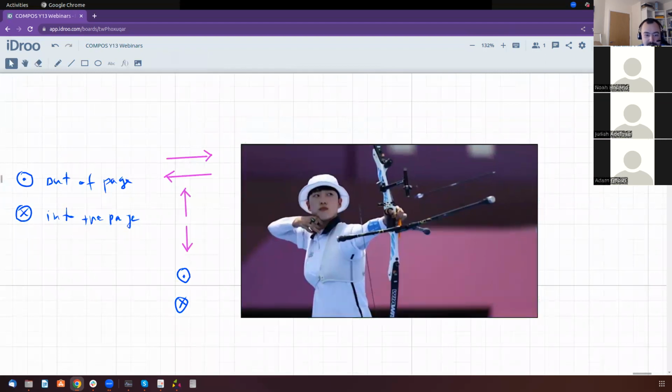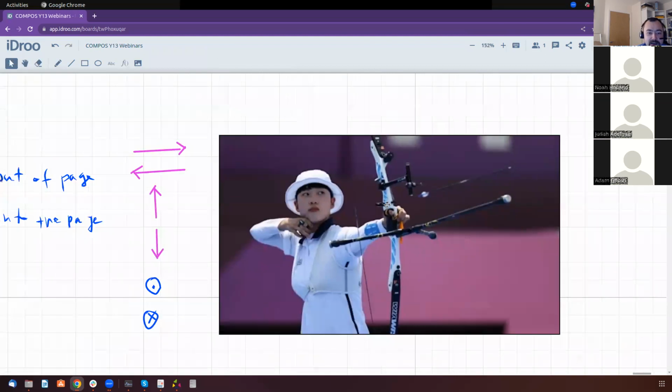If you are this dangerous looking lady, what you see as the arrow moves away from you is the feathers of the arrow. So you see a cross. So the arrow is moving away.